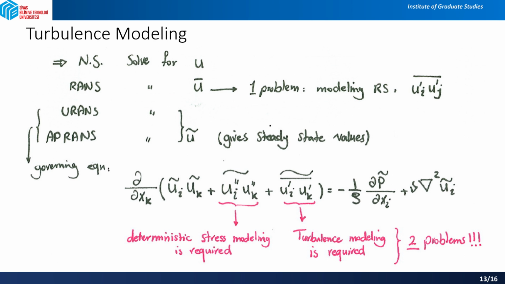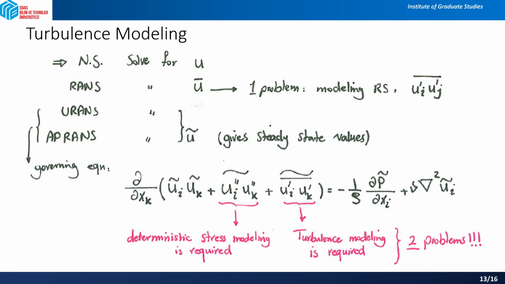Modeling is required. Right now, we are not talking about measuring in turbomachinery. We are kind of digging into the equations, and we see that if we need to model these, what should be modeled actually in these equations. So for the deterministic stresses, you need to model.